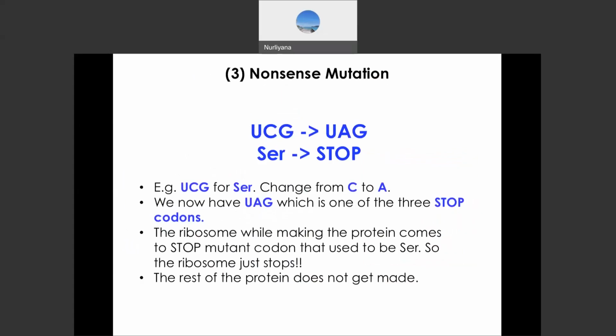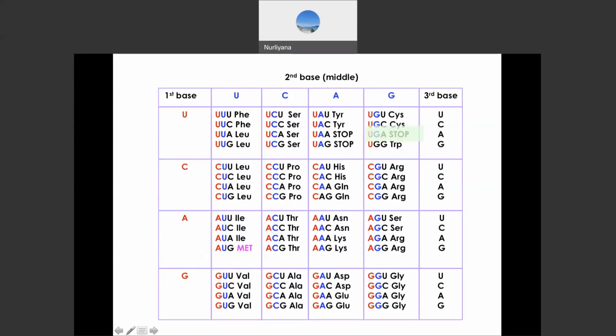The third example is a nonsense mutation. When they say nonsense, it means something that is really, really bad, because when there is a mutation of one base that leads to a stop codon, it means this base is not properly translated and it has to stop. Because of this, the ribosome that is making the protein during translation has to stop, so the rest of the protein is not able to be made.